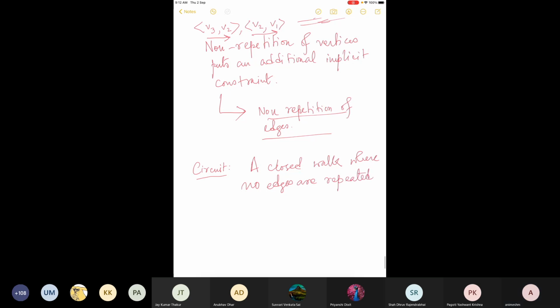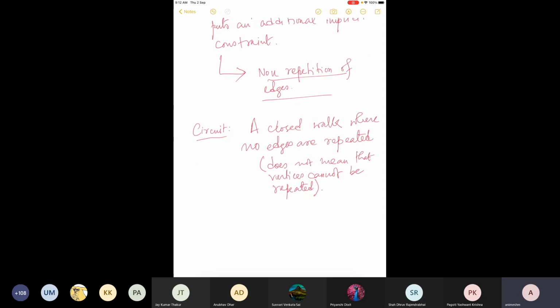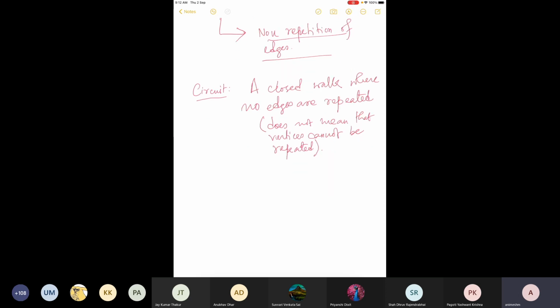It does not mean that vertices cannot be repeated. Putting a constraint on edge repetition does not automatically put a constraint on vertex repetition, but the opposite is true. So this is a one-sided clause.